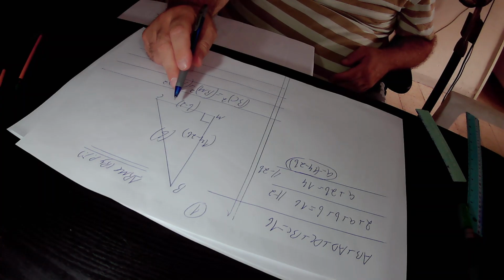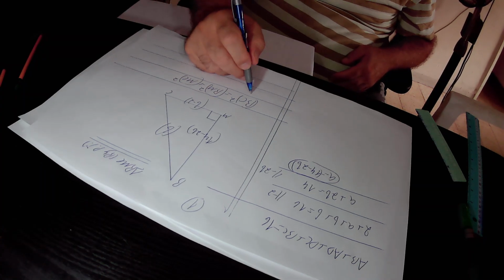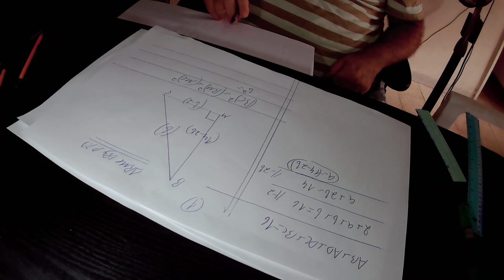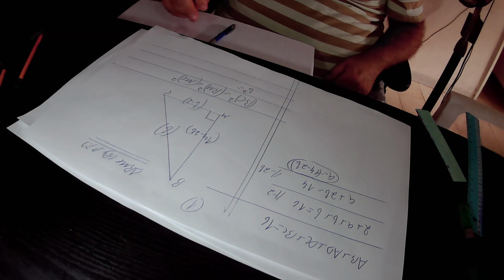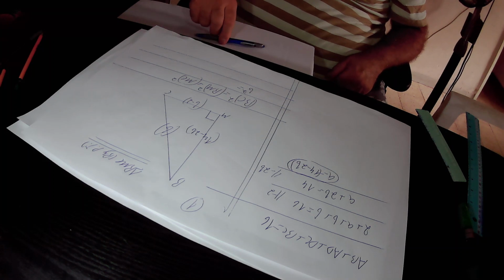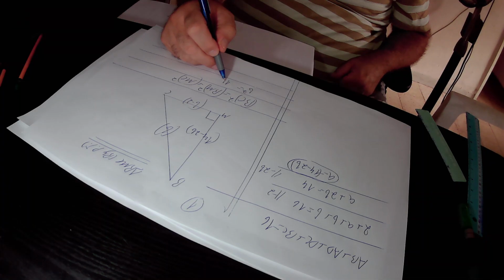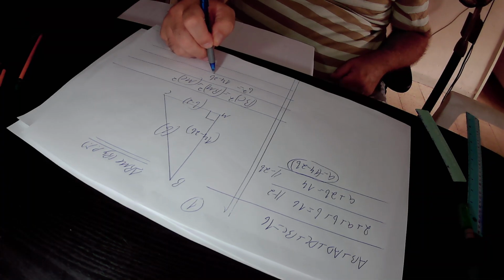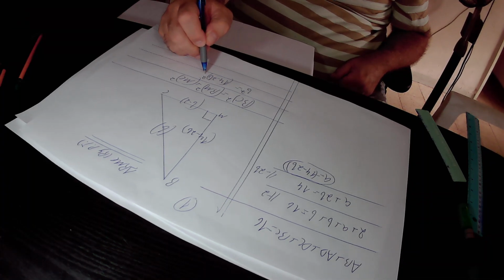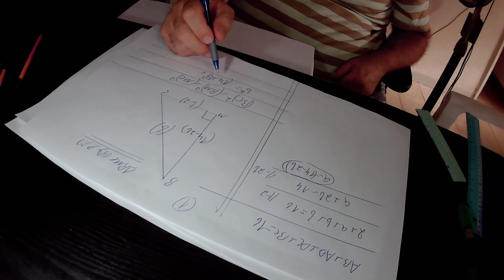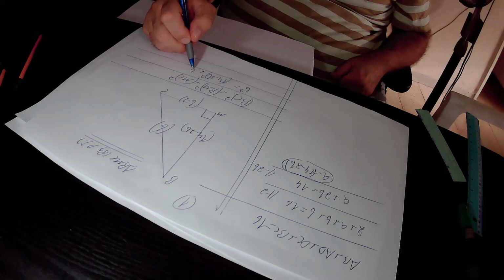BC is b, therefore BC squared is b squared, and it is equal to BM squared. BM is 14 minus 2b, therefore BM squared is (14 minus 2b) squared, plus MC squared. MC is b minus 2, therefore MC squared is (b minus 2) squared.